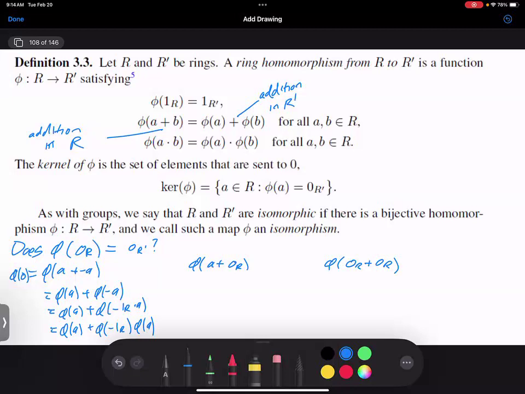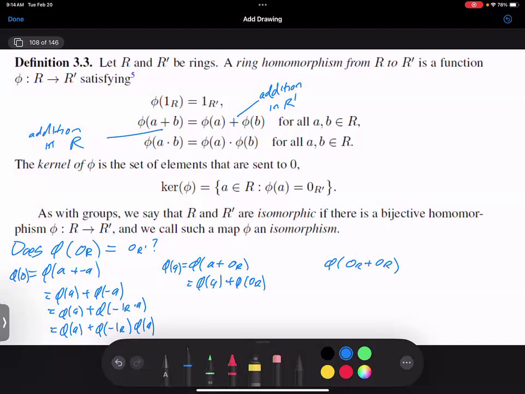Now, if I do A plus 0, we know that that's just the same as phi of A, and then that's phi of A plus phi of 0. What must phi of 0 be? So phi of A is phi of A plus phi of 0.